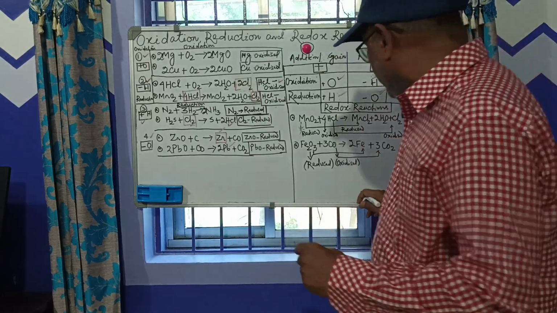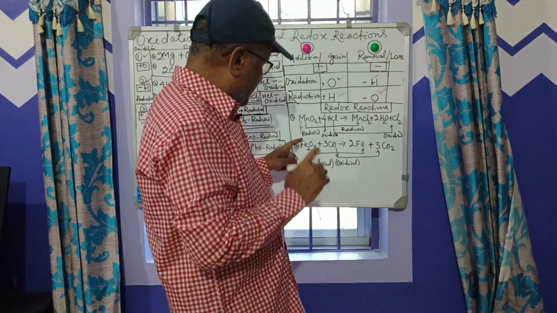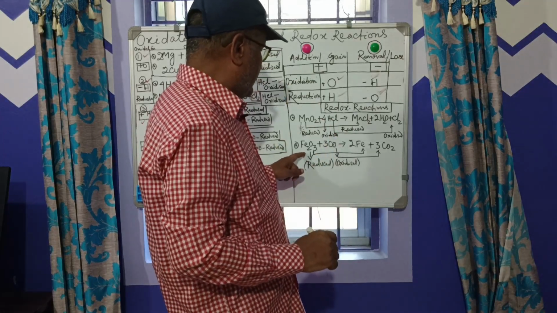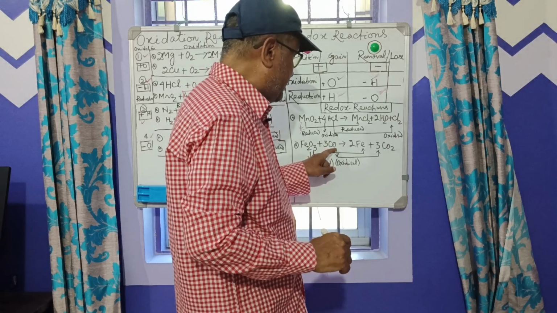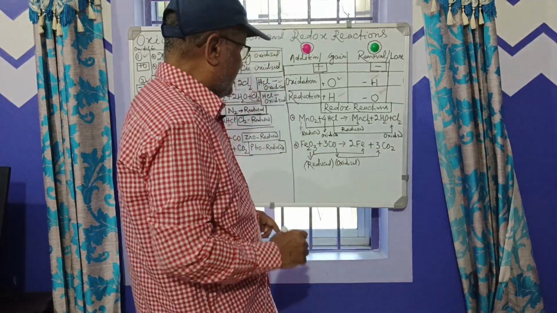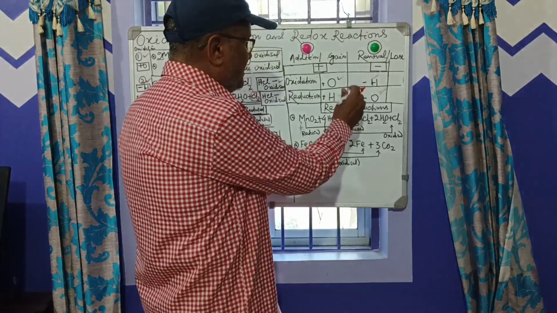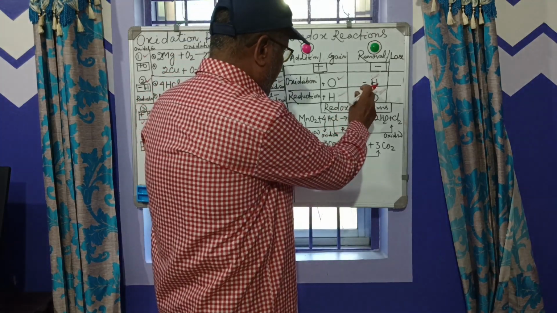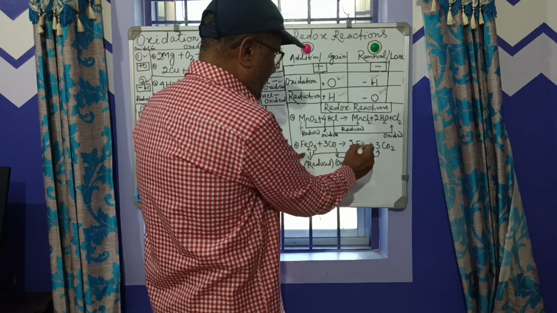We have taken another example for you, from your book: iron oxide, ferric oxide, plus carbon monoxide gives iron plus carbon dioxide. Now look at ferric oxide, oxygen is removed. Look at this table: removal of oxygen, so this is reduced to iron.